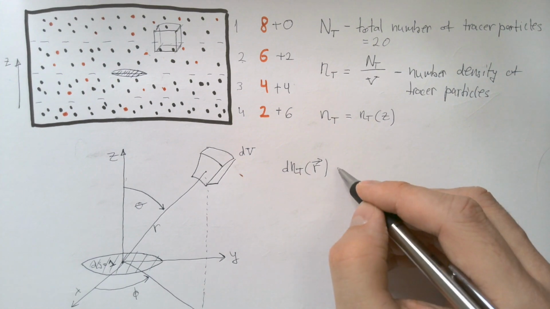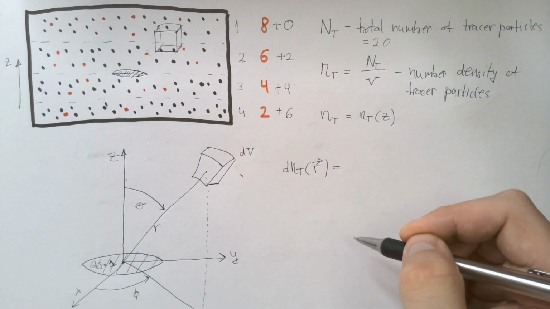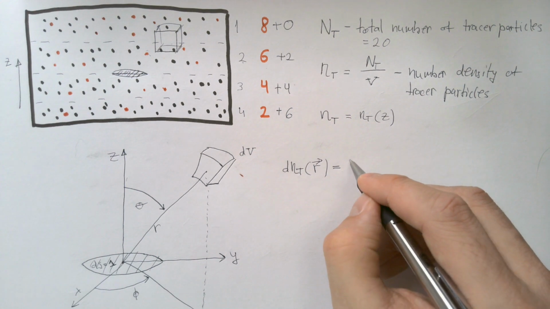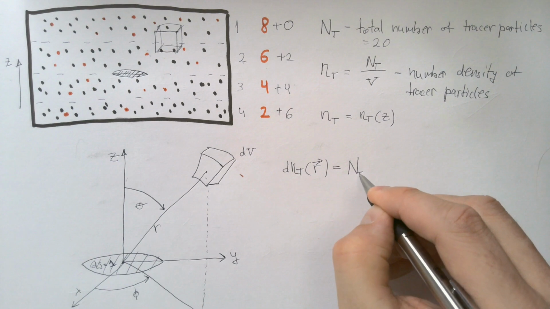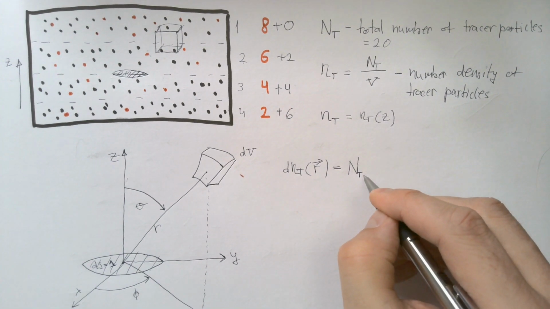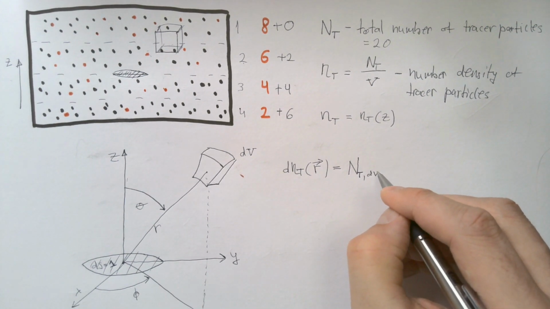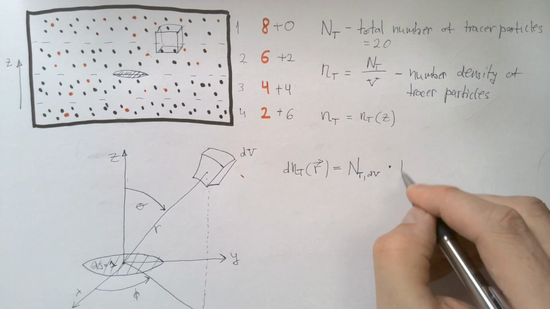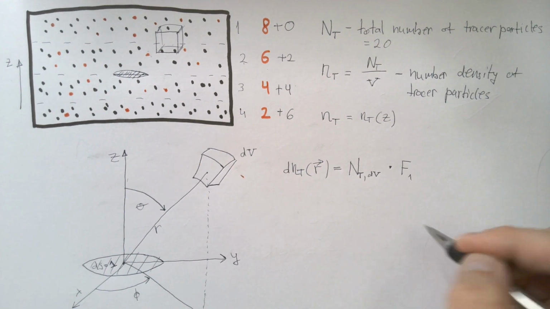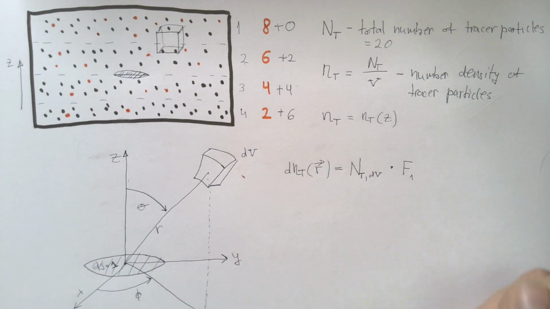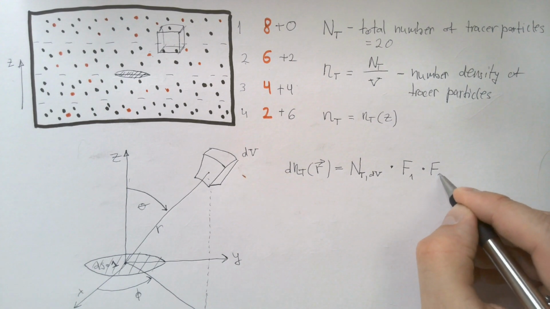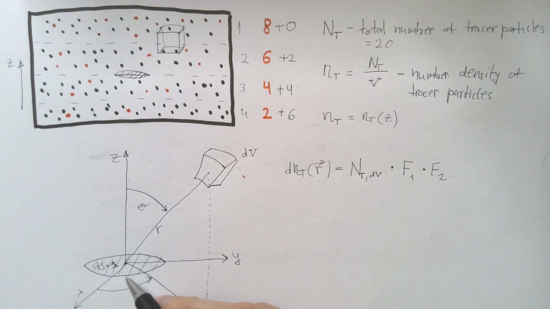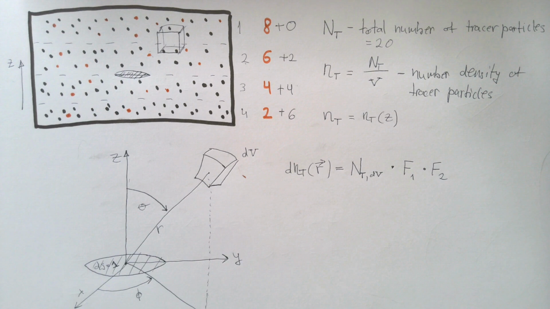Then this d nt of r will be equal to what I just said: total number of tracer particles that collide in this volume dv, times the fraction of these particles that is moving towards ds, times the fraction of these particles that will eventually reach ds without colliding with some other particle.